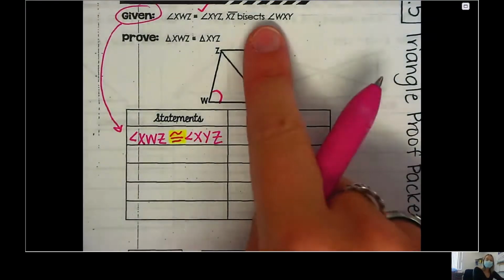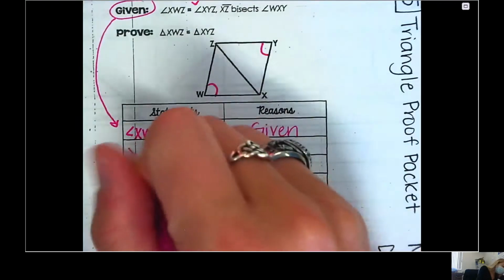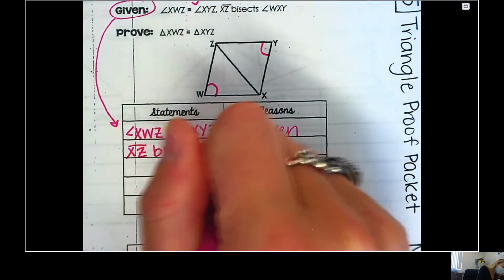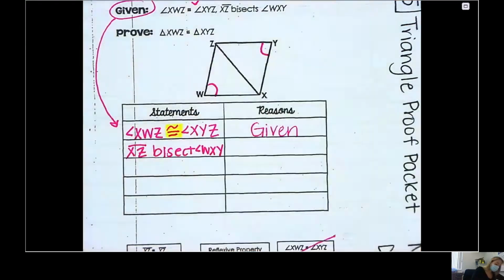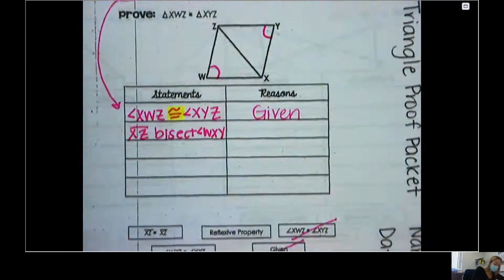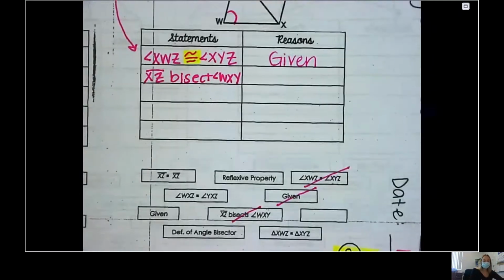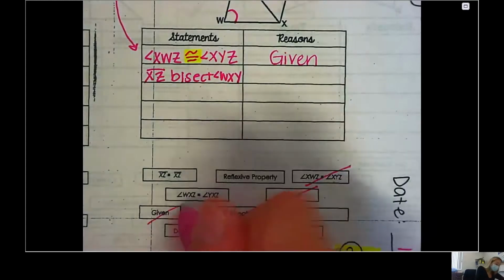No. So now I'm going to put the second piece of given information: XZ bisects angle WXY. You should see that down below. And what's my reason? Given again.